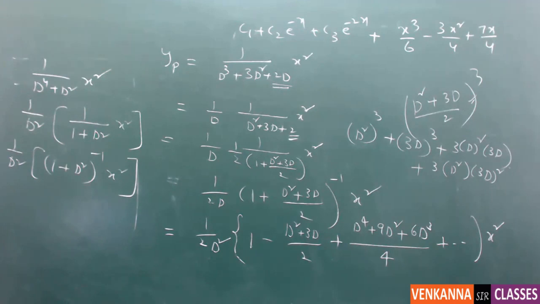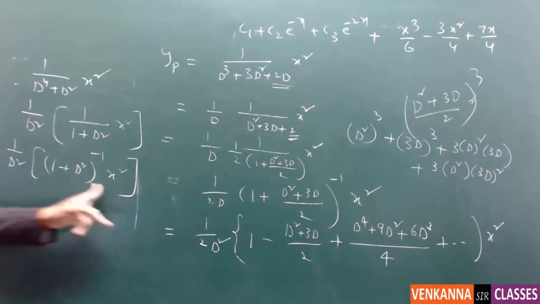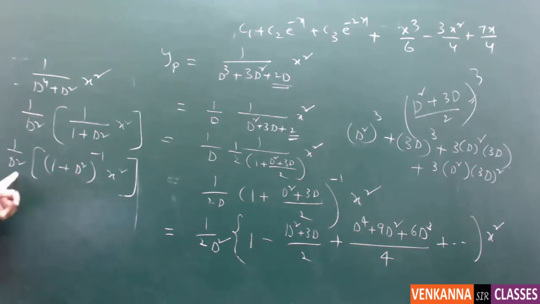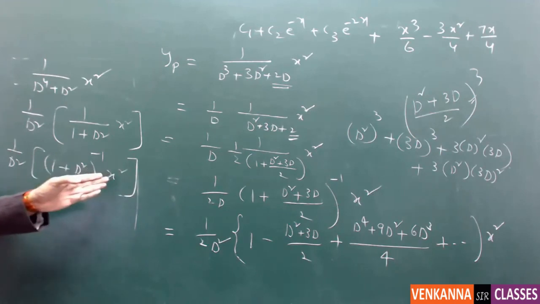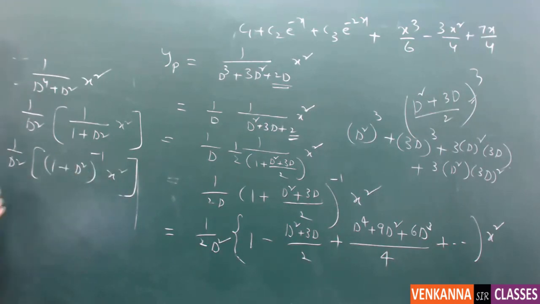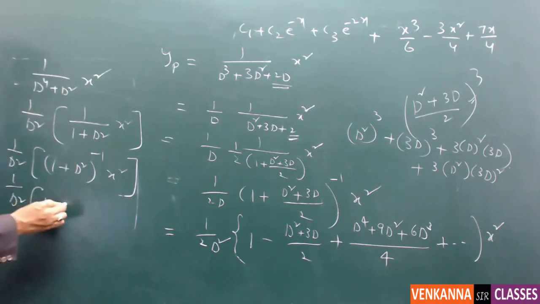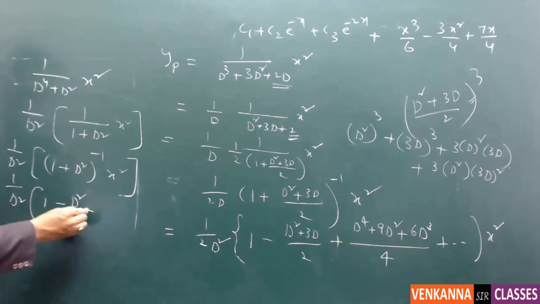So what happens while applying the expansion here? Since d square is present, you are going to calculate one or two more terms in this expansion. So actually, 1 by d square into 1 plus x whole power minus 1, 1 minus x plus x square.